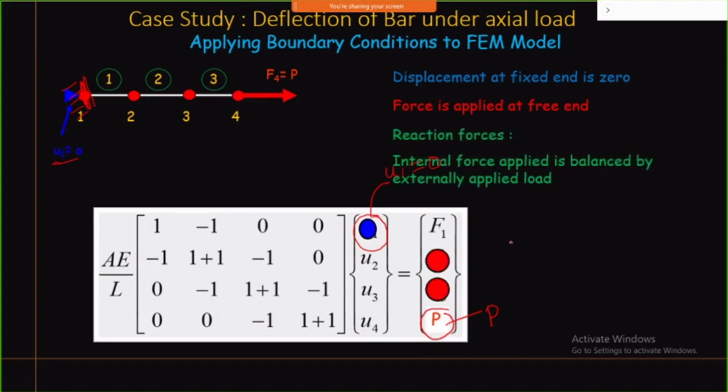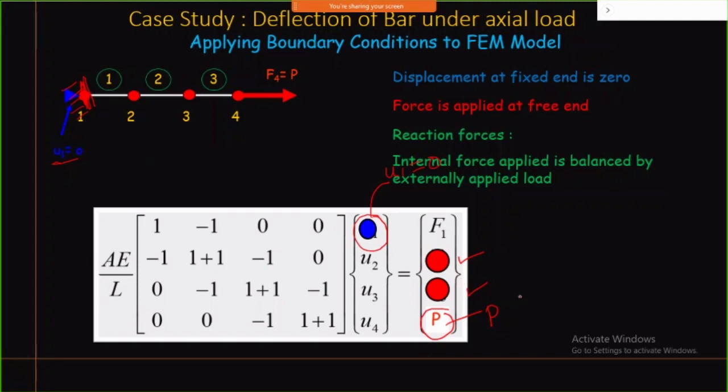And then these two forces, F2 and F3, will be internally balanced forces. We are not going to apply any external force on node number 2 and node number 3, so this will become 0. They will get internally balanced. Otherwise, you would observe motion in the node, which is not practical.